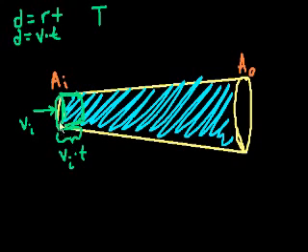So what is the volume of this cylinder of water? So the volume in, over the t seconds, is equal to the area of the top, or the left-hand side of the cylinder. Let me draw the cylinder in a more vibrant color so you can see what we're trying to figure out the volume of.